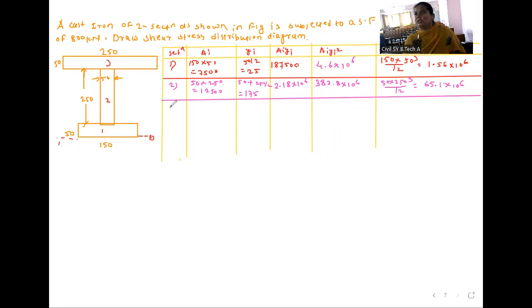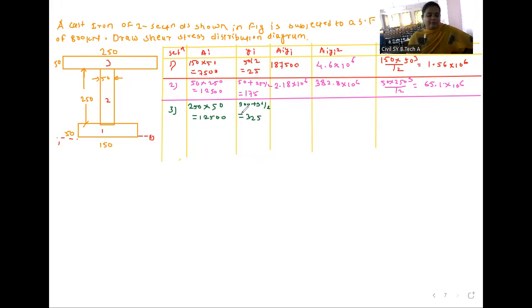So for third section, area is 250 by 50, which is equal to same 12500. yi is 50 plus 250, that is 300 plus 50 by 2. So 325.